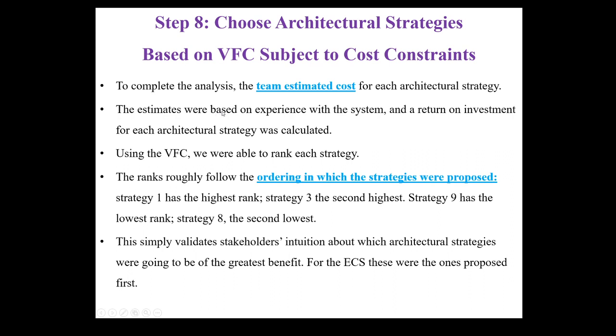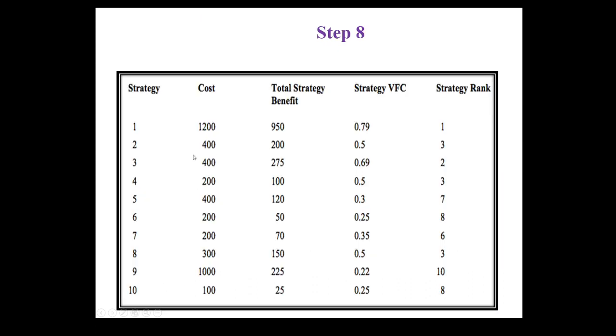The estimation is based on experience with the system and the return on investment of the architectural strategy. Using this VFC, we are able to rank each strategy. The ranks roughly follow the ordering in which strategies were proposed. This simply validates stakeholders' intuition about which architectural strategy is going to give the greatest benefit.